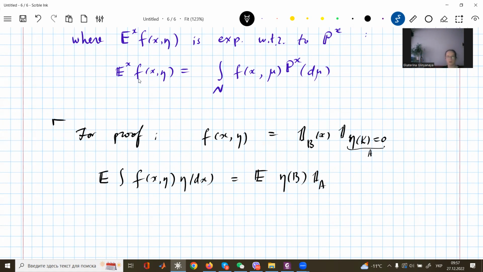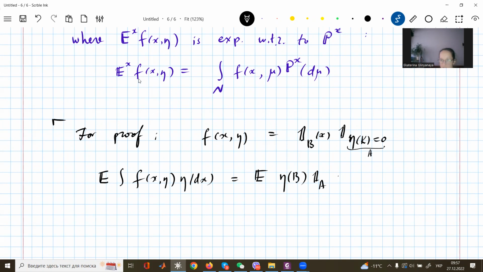So from this, you just write down by the definition of the probability of the Palm distribution.